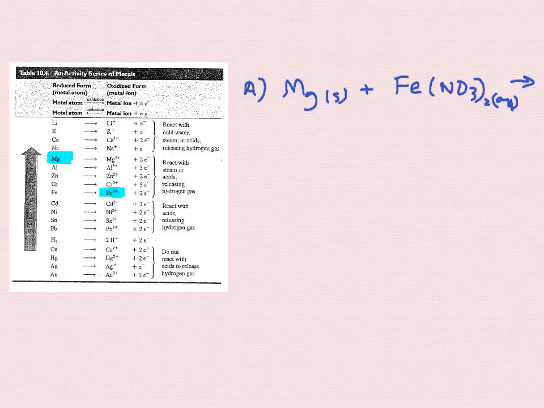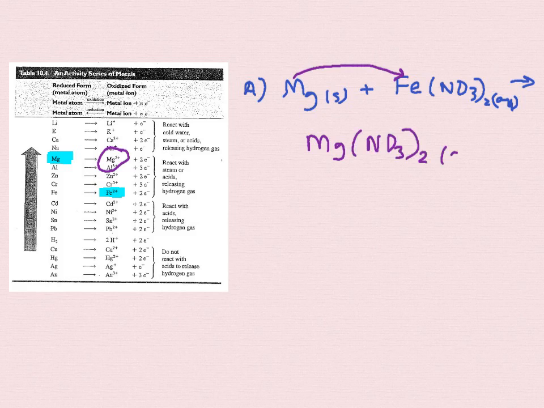The magnesium will come in, give the boot to the iron, so you're going to get magnesium in the compound. Magnesium, as you already know, is a 2+ ion. So with the nitrate, it's going to be Mg(NO3)2.